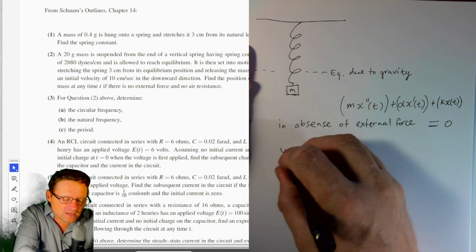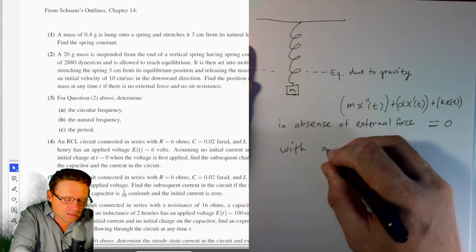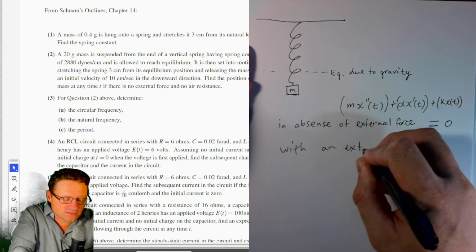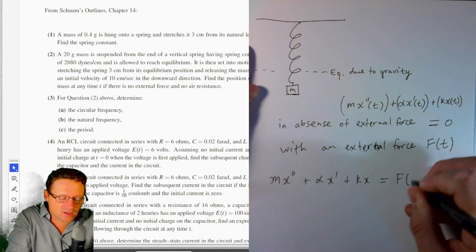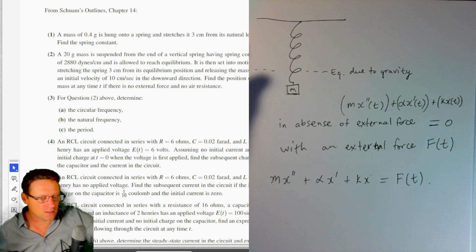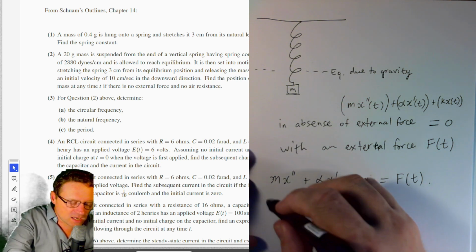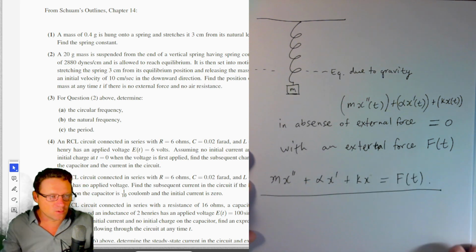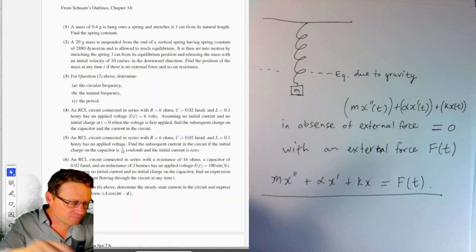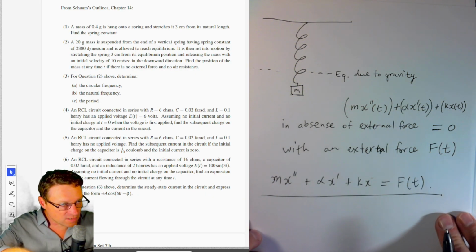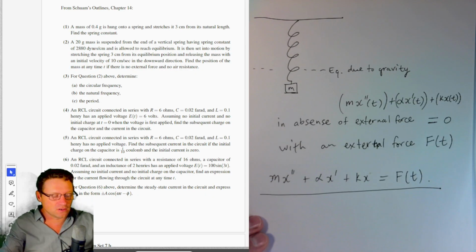Okay, now with an external force, well, then it looks like this is equal to f of t. And so this is the main equation that we'll be dealing with when it comes to problems like in my problem set here. These problems mostly come from Schaum's outline series, if not all of them.